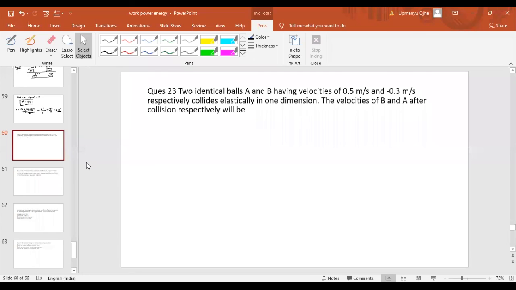Next, two identical balls A and B having velocities 0.5 meter per second and minus 0.3 meter per second respectively collide elastically in one dimension. The velocities of B and A after the collision respectively will be? So the collision is an elastic collision there.